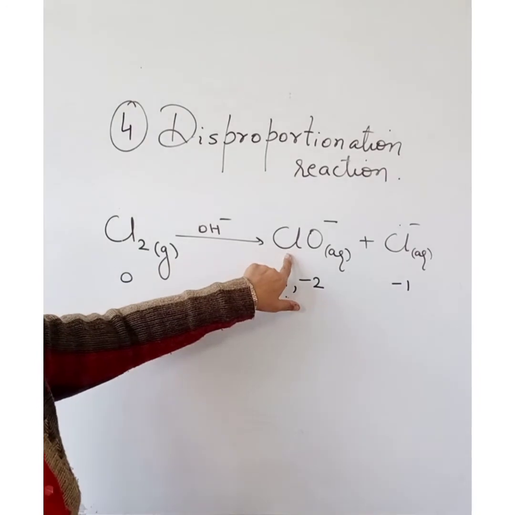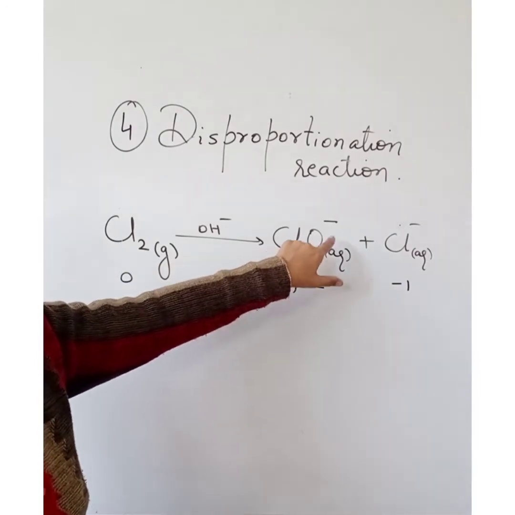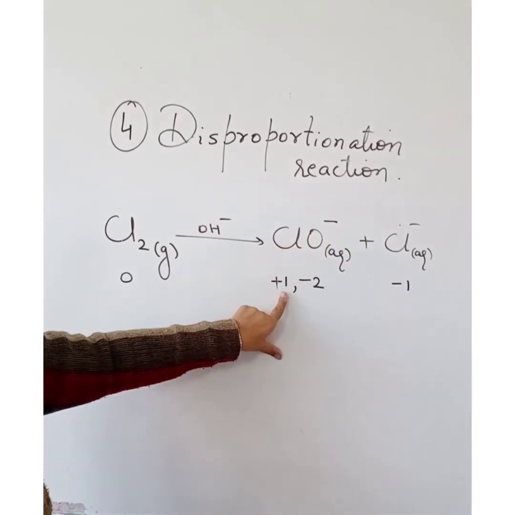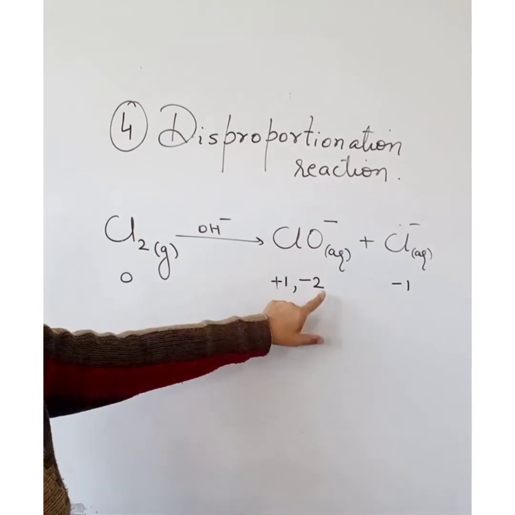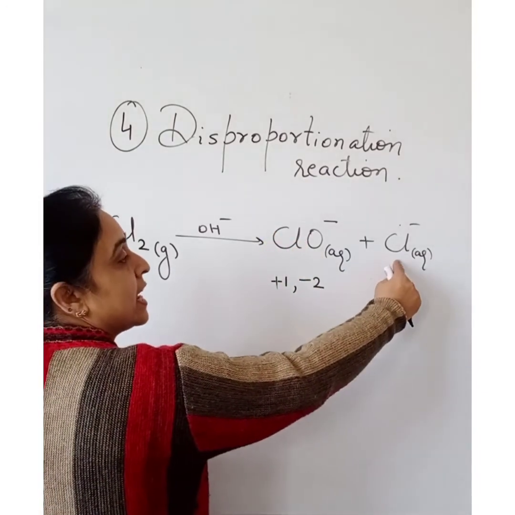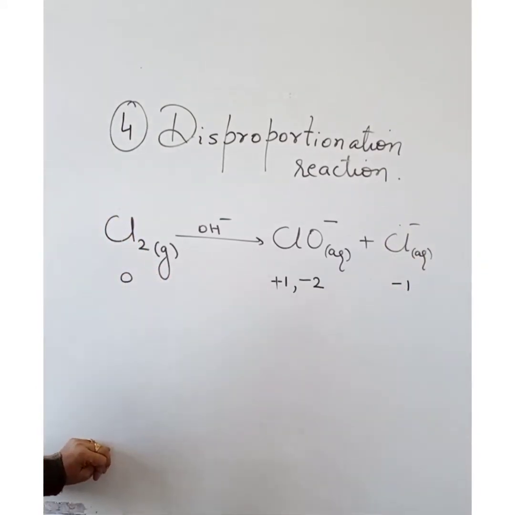Here let us calculate for Cl. x plus -2 is equal to -1, so we get the oxidation number of Cl as +1, and oxygen is having -2, so we are putting the oxidation number of each of the elements. This is an atom bearing charge, so -1 is the oxidation number of Cl minus.